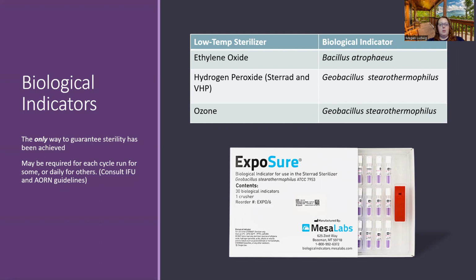So it's not very effective to wait 24 hours. So a lot of companies are going to the rapid readouts, which is obviously better. You're going to always check if it turned, or your machine will tell you if the load failed. So you would pull anything that was in that load, so you don't use it. So biological indicators are very important to ensuring that sterility has been met.